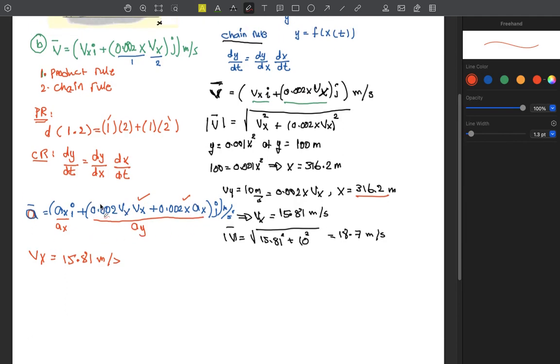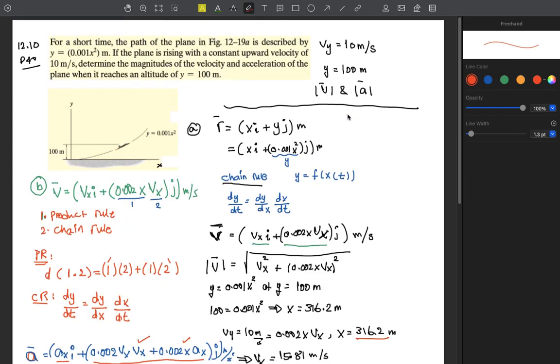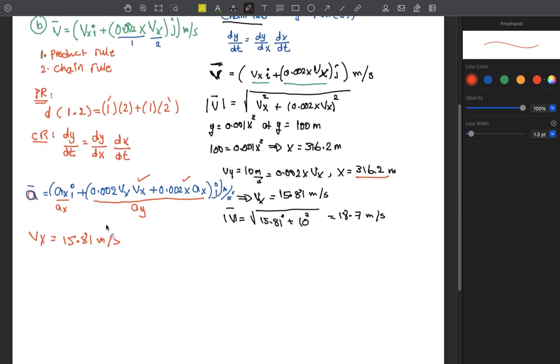You know why? If you go back to the question, it says that if the plane is rising with a constant upward velocity, so Vy is constant. So the derivative of this is ay. ay is now 0 because Vy is constant. Differentiate that for time, you'll get 0. So ay is 0. So this whole term is 0.